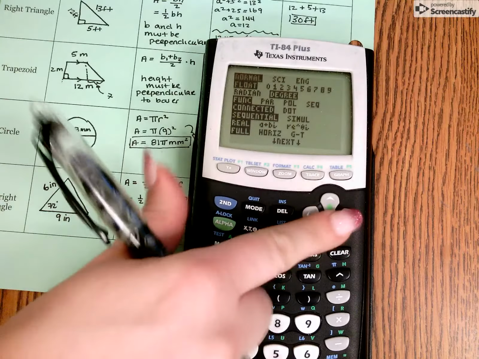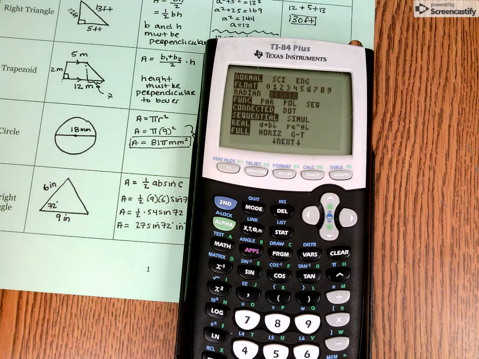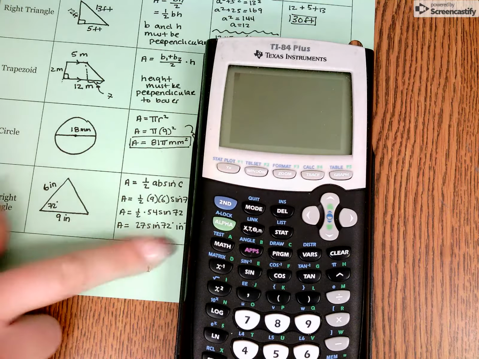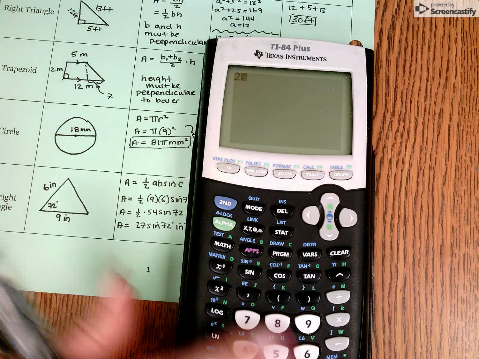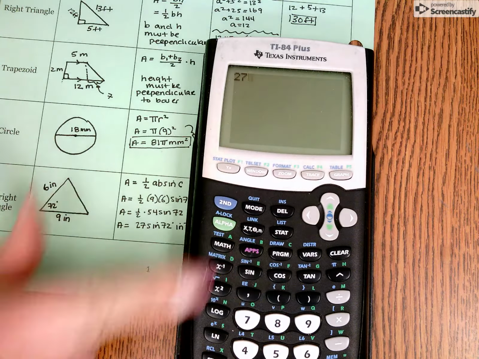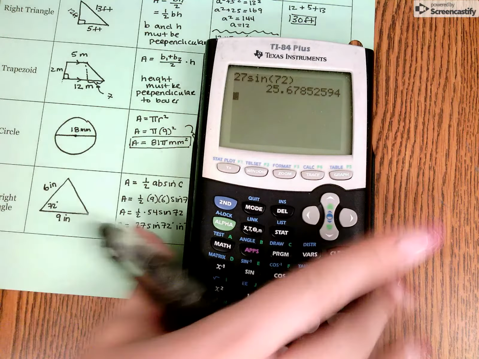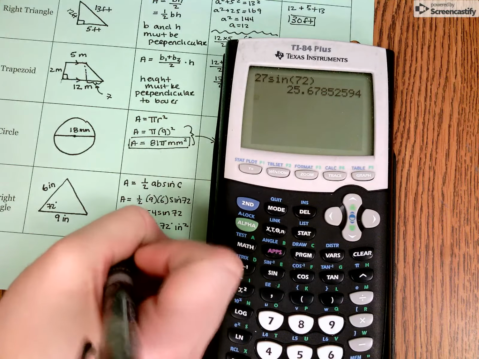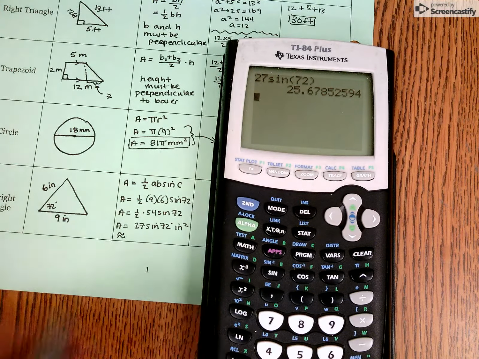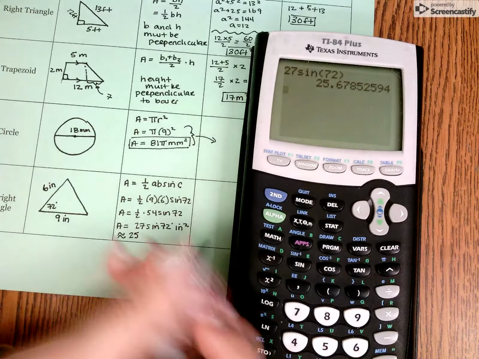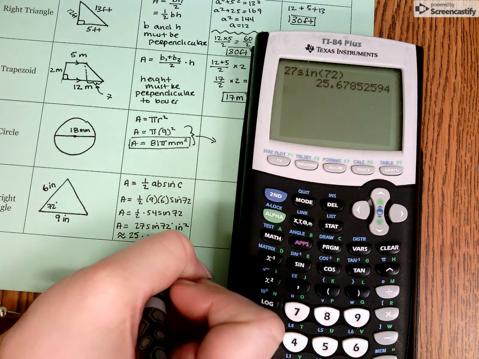So 27 sine of 72, if you wanted to approximate it, is approximately 25.679 inches squared. I like to round to 3 decimal places, so 5 and above round up. Awesome.